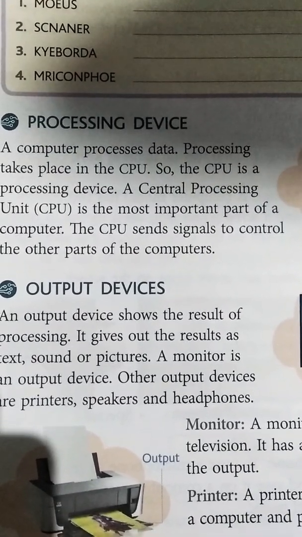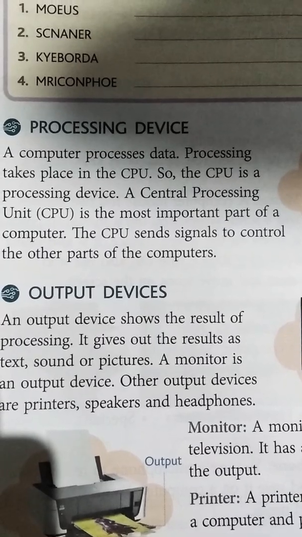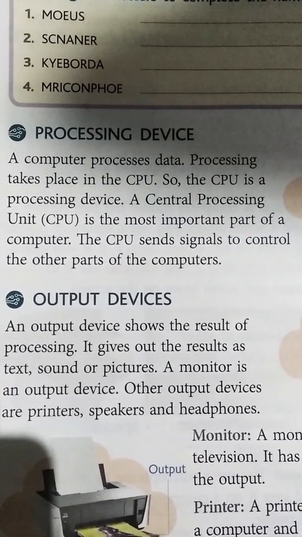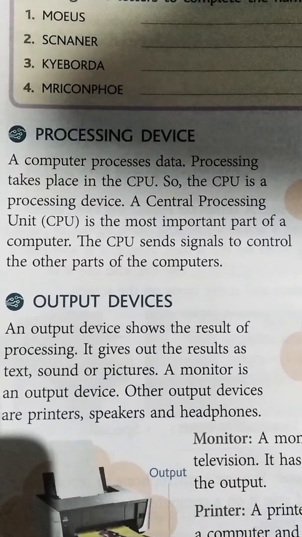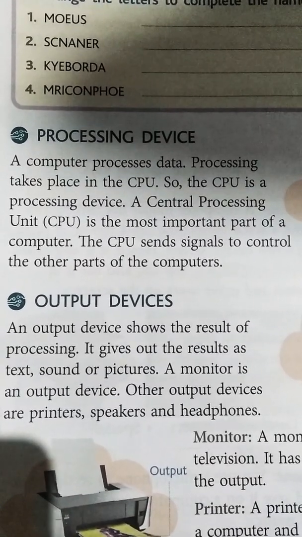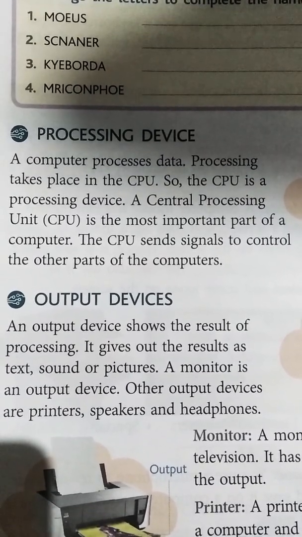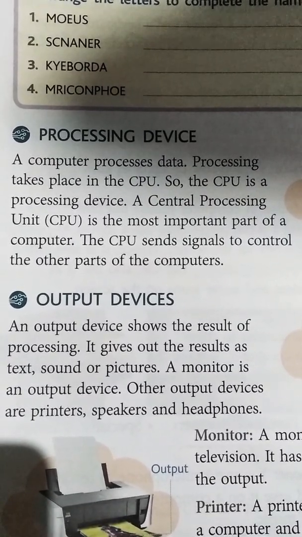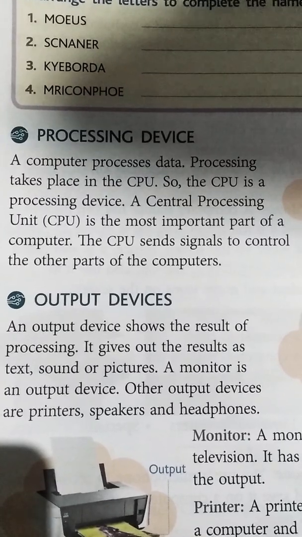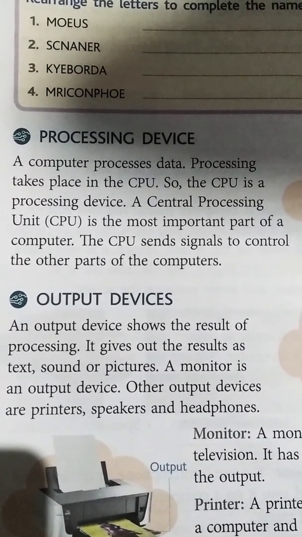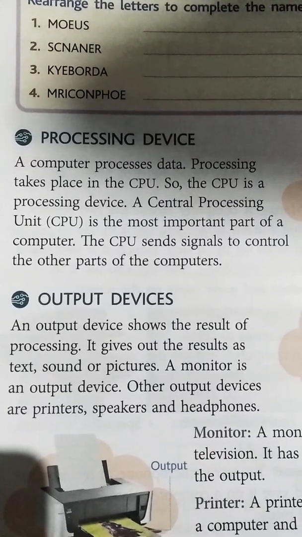A computer processes data. Processing takes place in the CPU. So the CPU is the processing device. And what is the full form of CPU? Central processing unit, and it is the most important part of the computer. It sends signals to control the other parts of the computer.